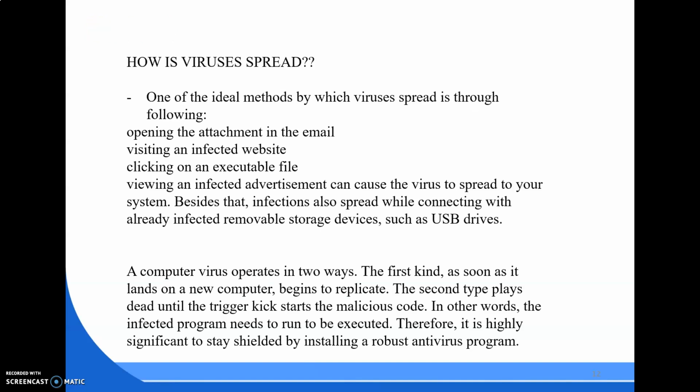How is a virus spread? One of the ideal methods by which a virus spreads is through the following things. First, opening an attachment in an email, visiting an infected website, clicking on an executable file, viewing an infected advertisement can also cause the virus to spread to your system.